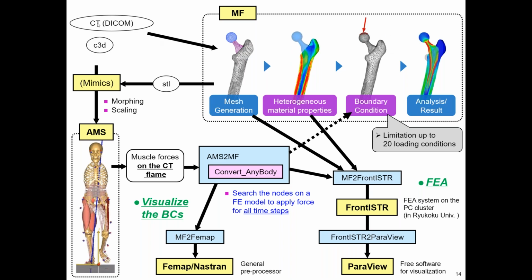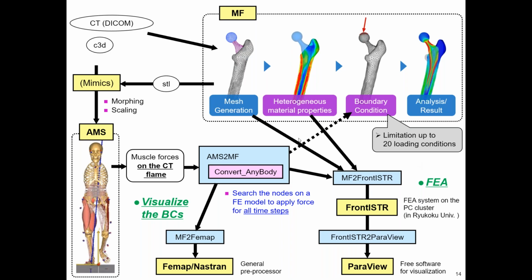If you prepare CT images and a C3D file, that is the motion capture data from the patient, it can be used to make a FE model on Mechanical Finder, impose the constructed shape of bone to AnyBody through morphing and scaling techniques, and analyze muscle forces and joint reaction forces. Then through our converter, the nodes on a FE model to apply force for all time steps can be searched. And also boundary conditions can be visualized on FEMAP.